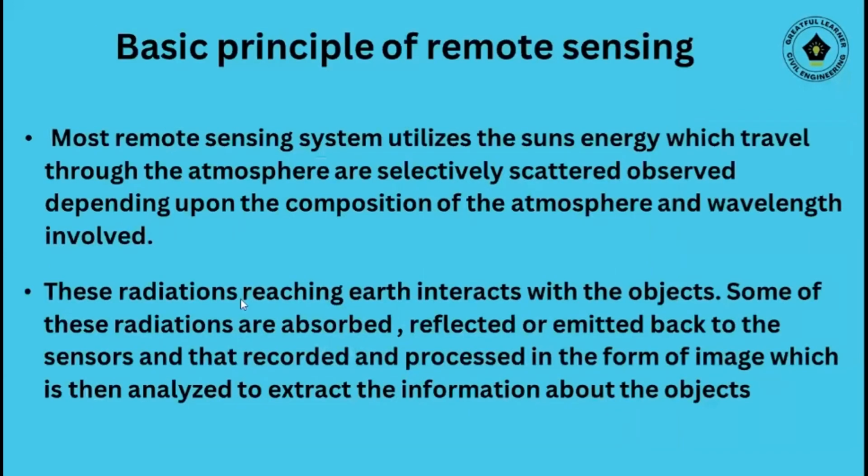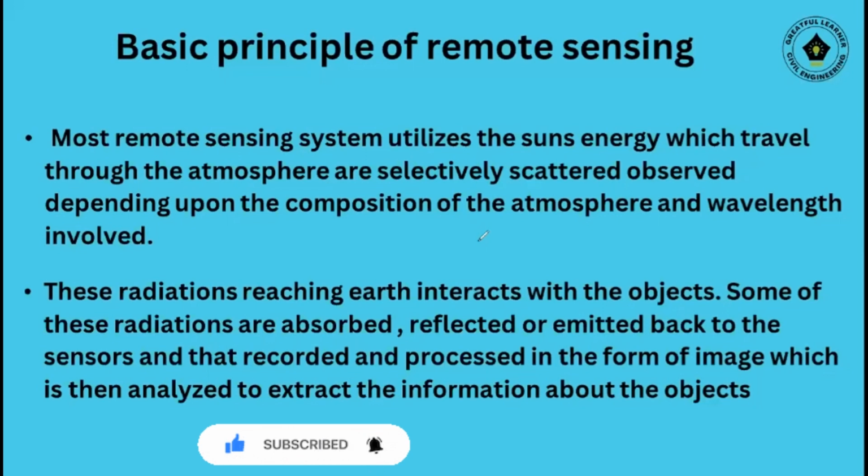Now the basic principle of remote sensing. Most remote sensing systems utilize the sun's energy, which travels through the atmosphere and is selectively scattered or absorbed depending upon the composition of the atmosphere and the wavelength involved.